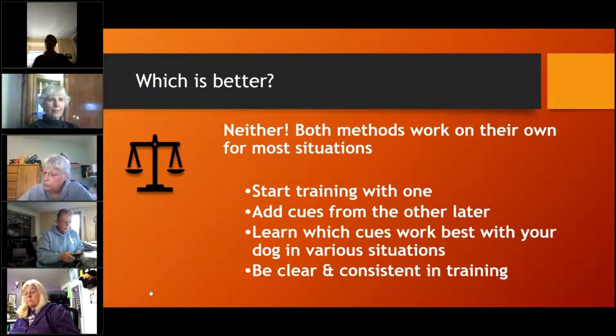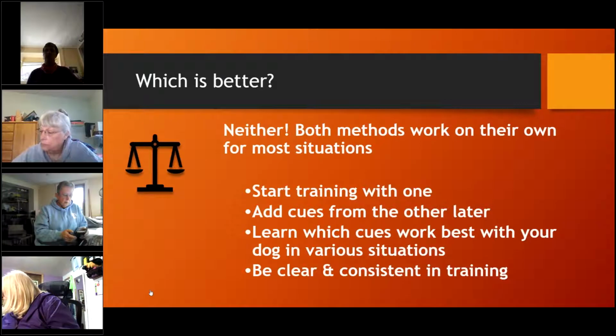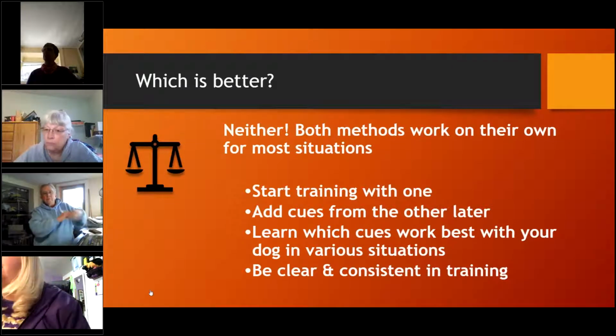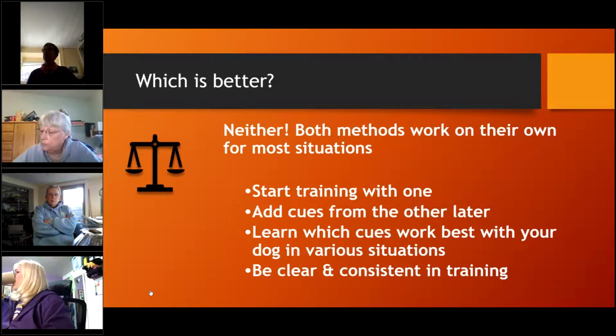Or there are those of us who find the dog's in too close, and it makes more sense to use some form of go out to send them straight back. So we all, at some point as we get down the road, start using cues from both systems.